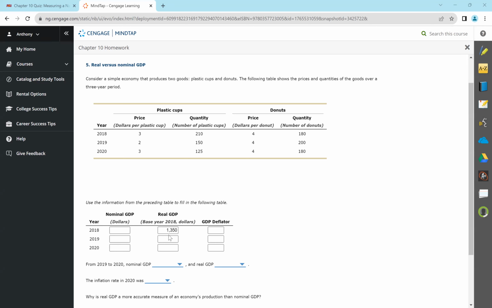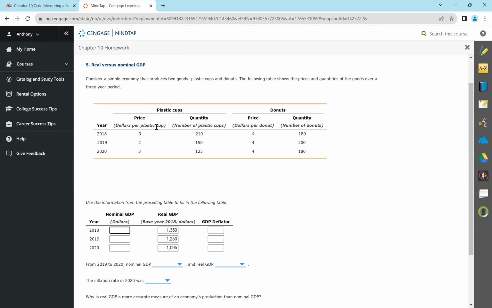And then the same thing for the next year: 3 times 125 plus 4 times 180: 1095. This is actually the harder calculation to do.